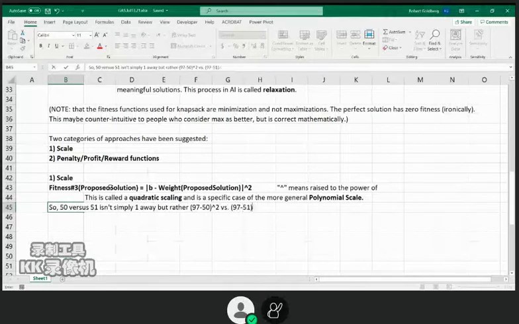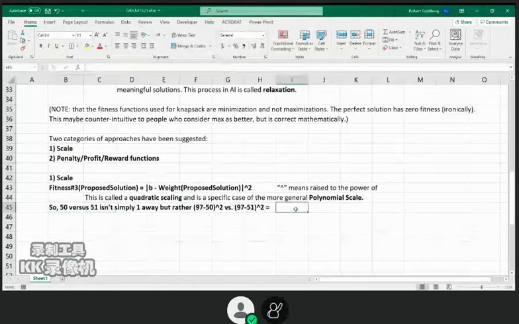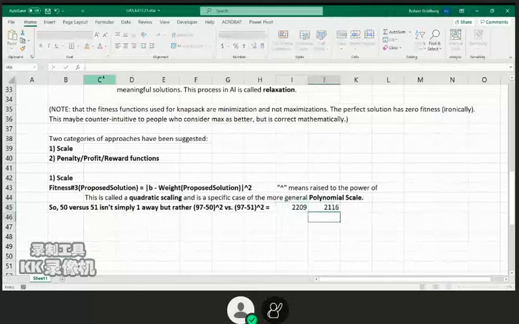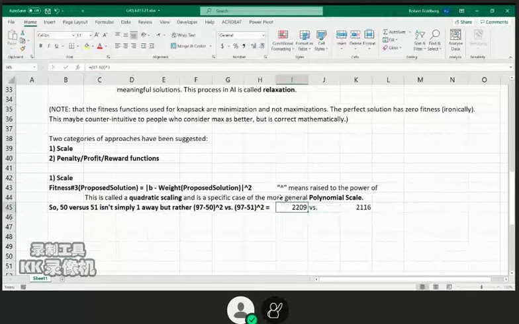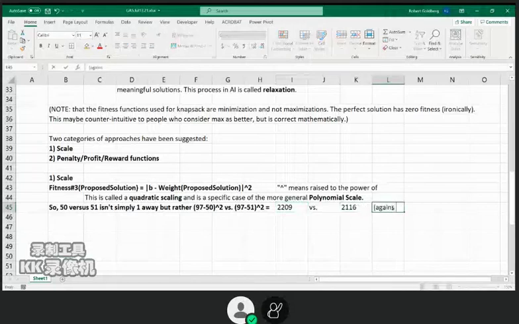Okay, and let's do those values. 97 minus 50 squared is 2209 versus 97 minus 51 squared, which equals 2116.